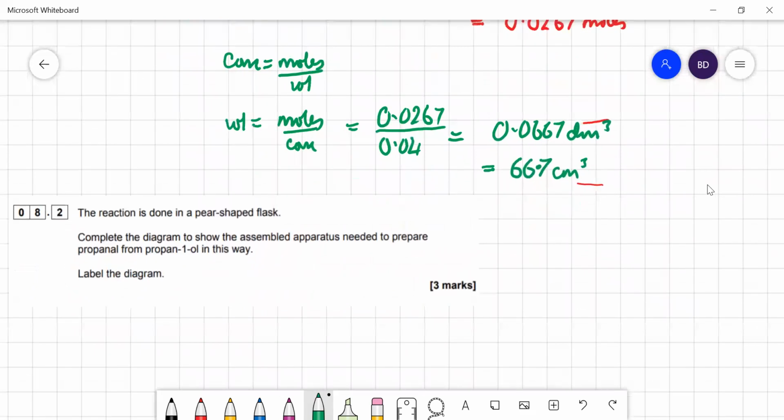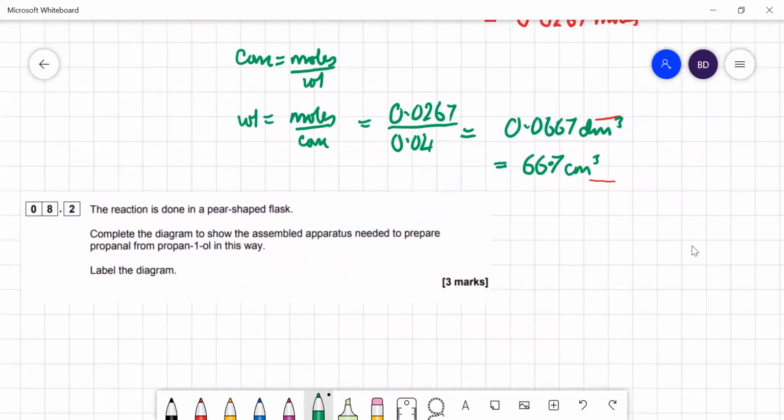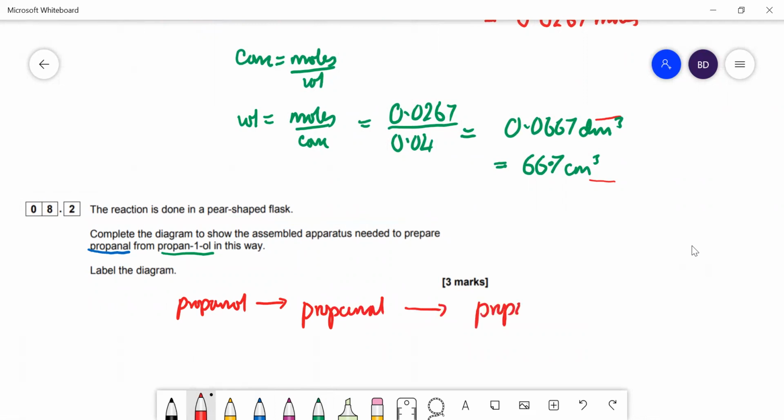66.7. Right. Now, this reaction is done in a pear-shaped flask. And here, you've got to complete the diagram. We want to oxidize the propanol just part way to propanal. If you've got a primary alcohol, you oxidize it first to the aldehyde, and the second step of oxidation goes to propanoic acid.